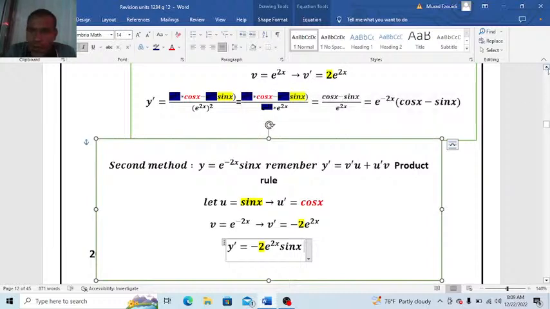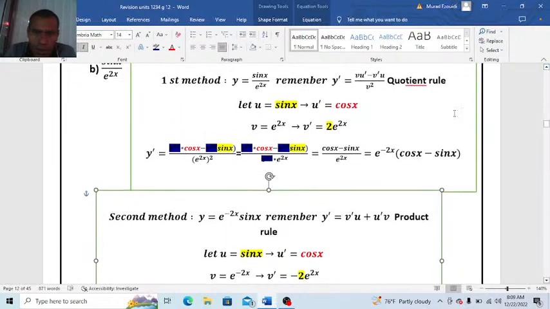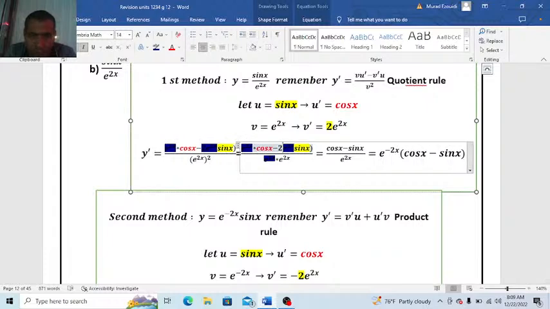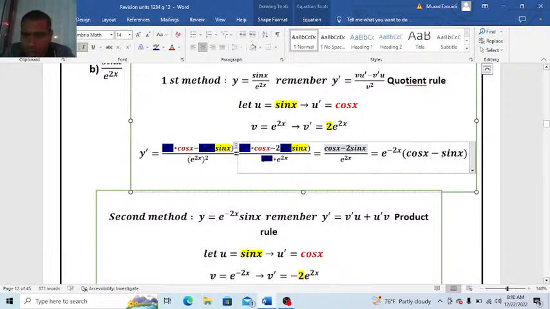How does it come here first? We told exponential x, minus, yes, this is minus 2, and this is also minus 2, because the first derivative of exponential minus 2x is minus 2 times exponential minus 2x. So this one is also minus 2, and this is the last answer.